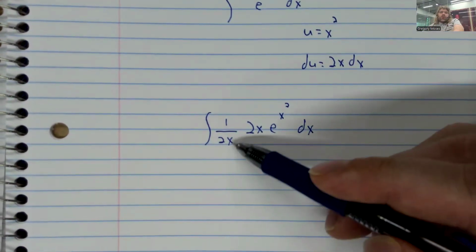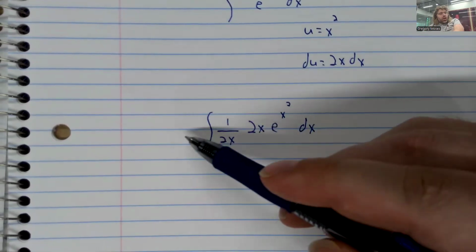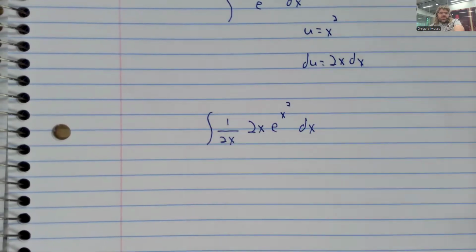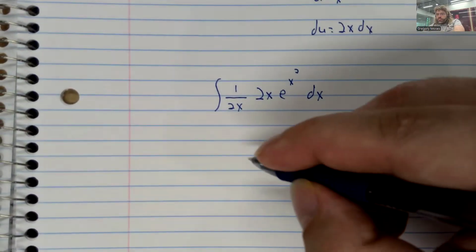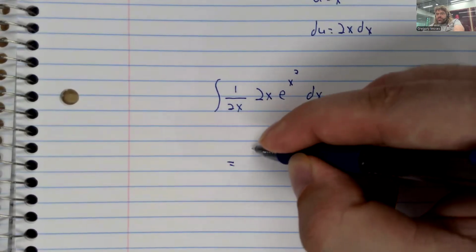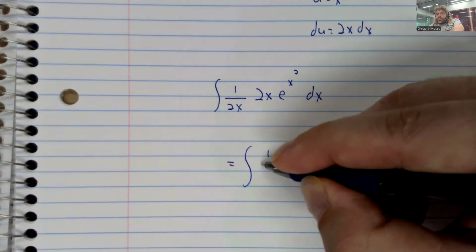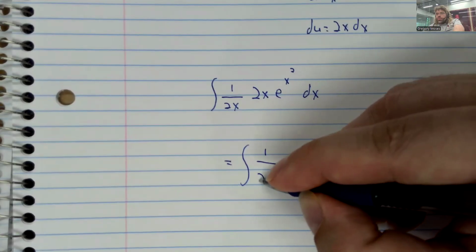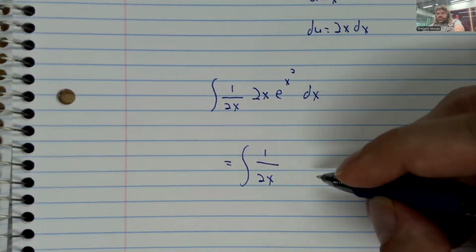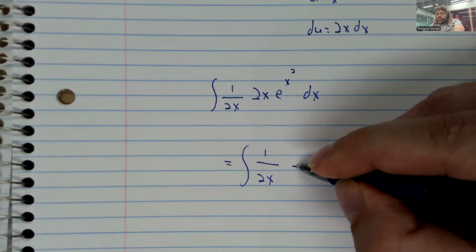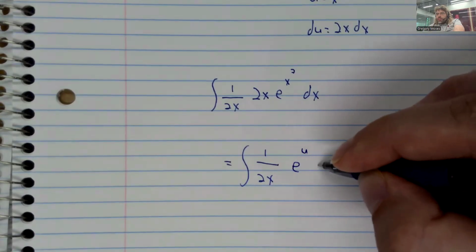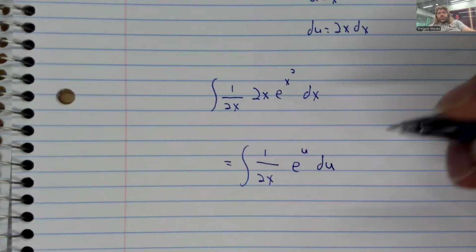Now I have a 1 over x, and I cannot pull the 1 over x out of the integral. So if I try to proceed, I wind up with the integral of 1 over 2x e to the u du.